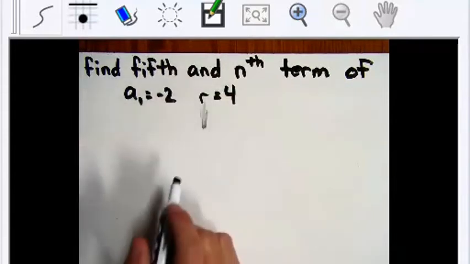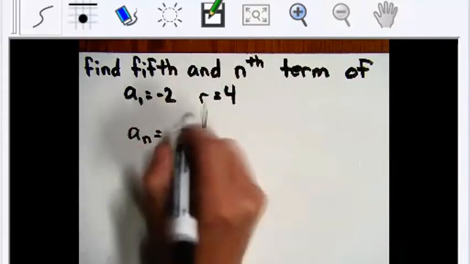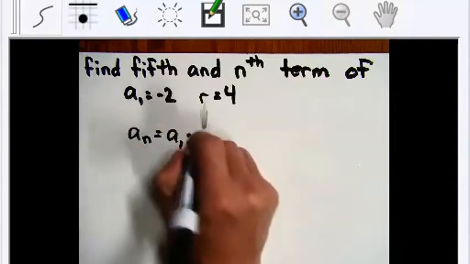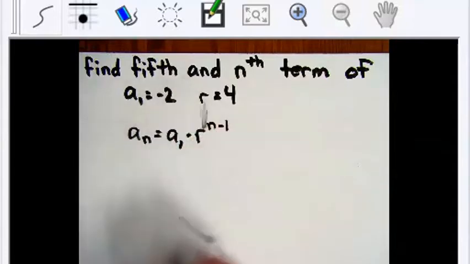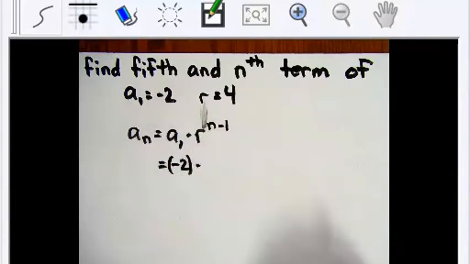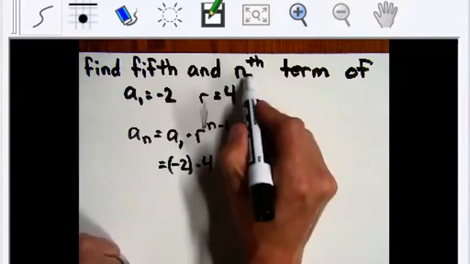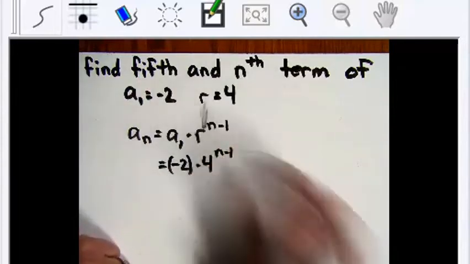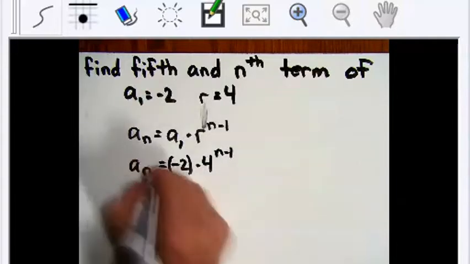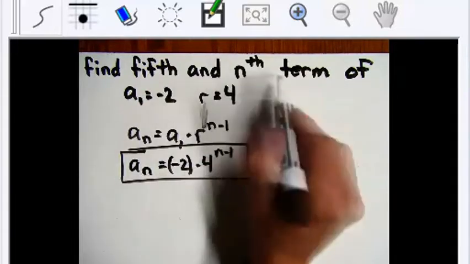For the nth term, we're going to use the formula you hopefully wrote down earlier: a sub 1 times r to the n minus 1. a sub 1 is -2 times 4 to the, since I'm finding the nth term in this case, just leave n as n. That is my nth term right there.